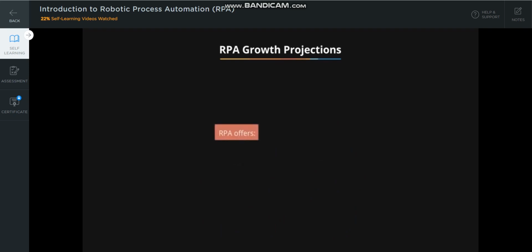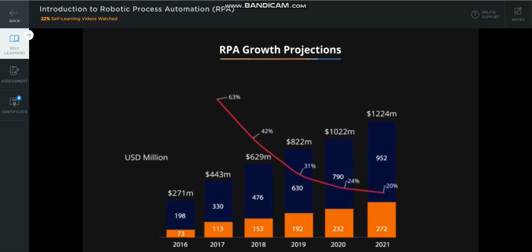Both situations offer a welcome opportunity to save on cost as well as streamline the resource allocation by deploying automation. As we can see from this graph, both RPA software and RPA services increased by a huge amount between 2016 up to 2021 and beyond.